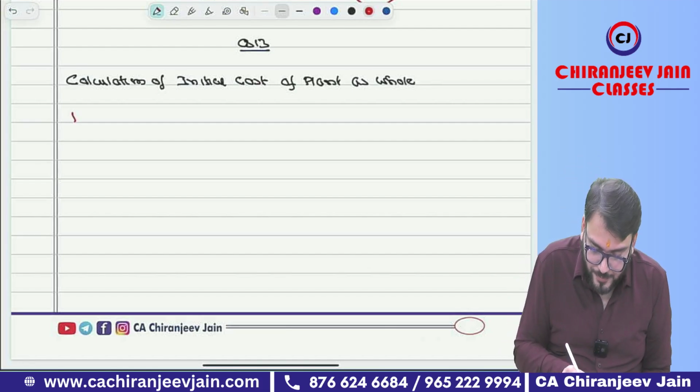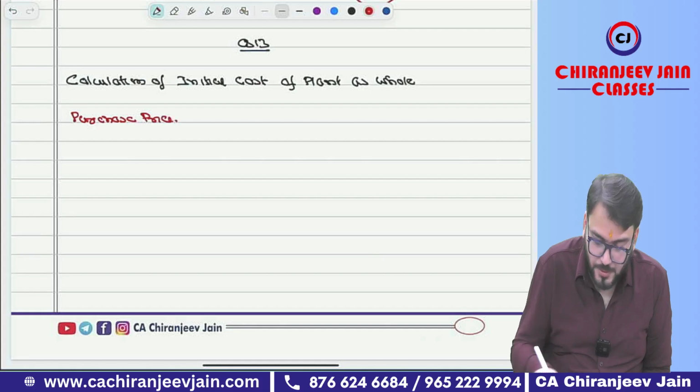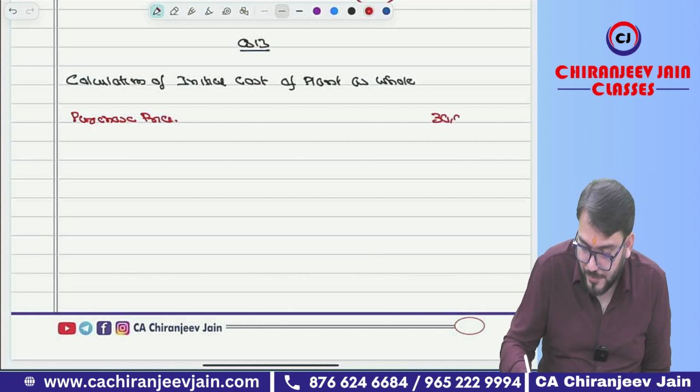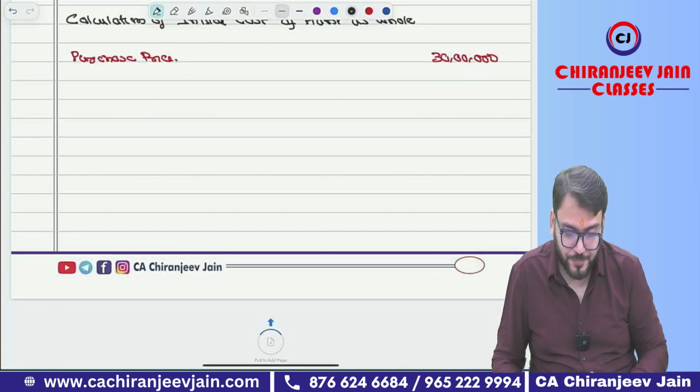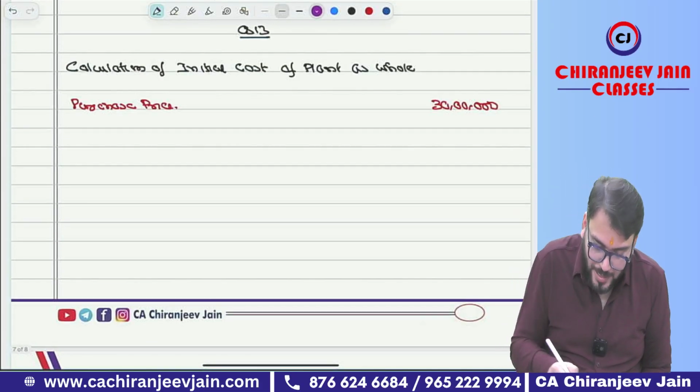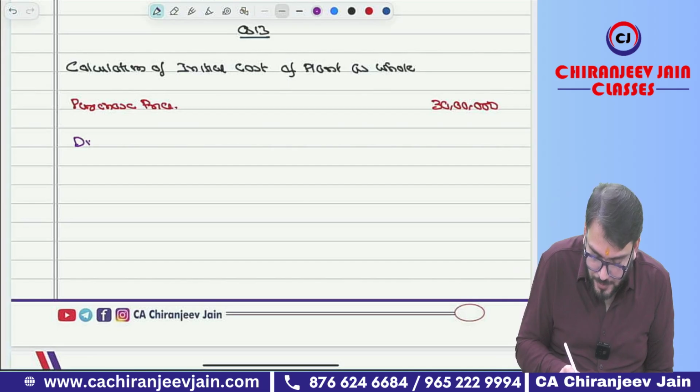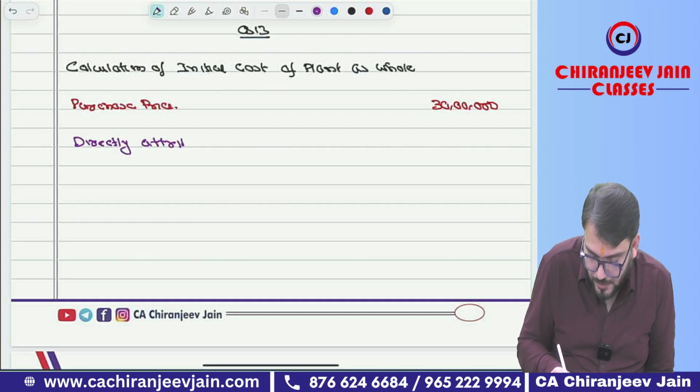What is given? First, can you give me what is the purchase price? That is given, 30 lakh. Then we'll add all the directly attributable cost.